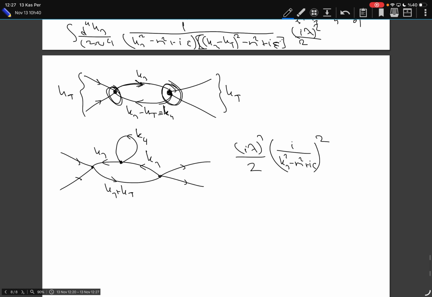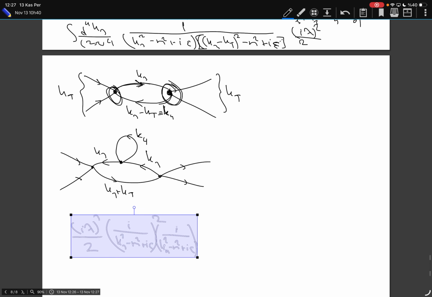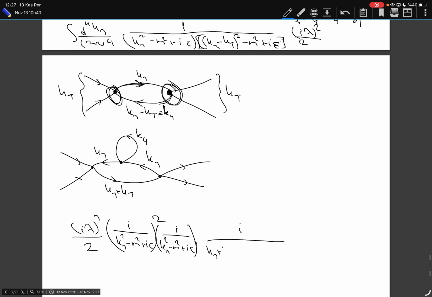All right. Then I have i over k4 squared minus m squared plus i epsilon. It is the contribution from that loop. And I have i over (k3 plus k_T) squared minus m squared plus i epsilon.